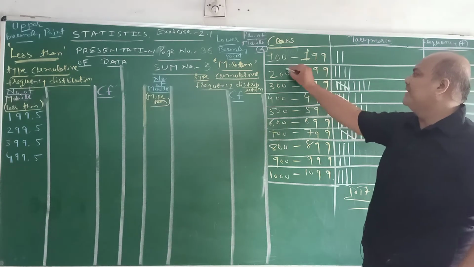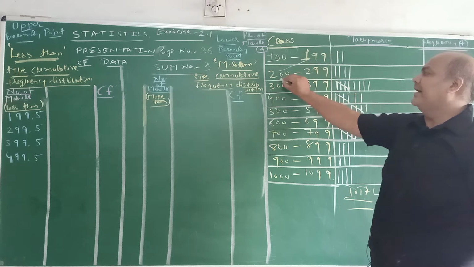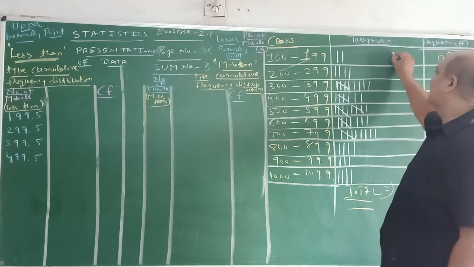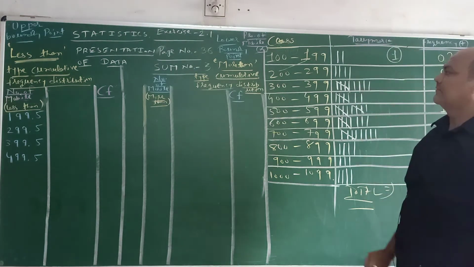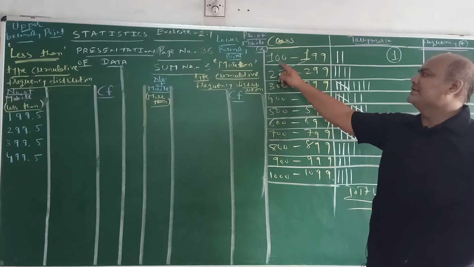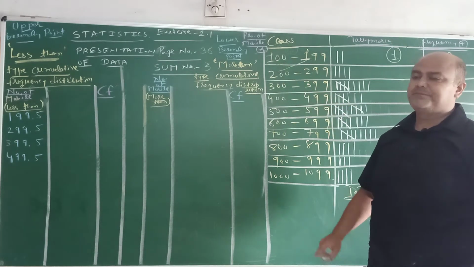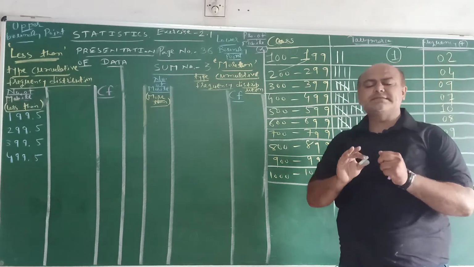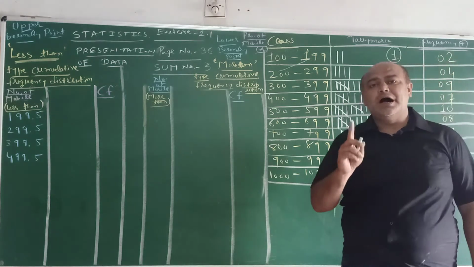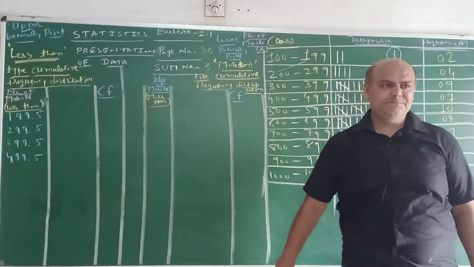But the gap between one class upper boundary and the next class lower boundary, the difference is 1. In a class, this is called lower boundary, you all know it. 100 is lower boundary and 199 is upper boundary.